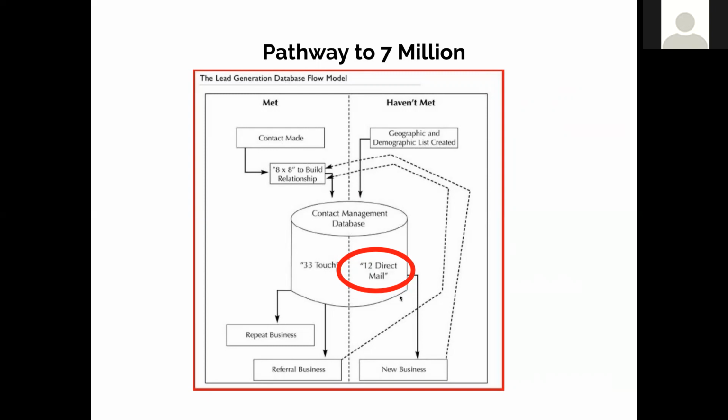The other way to build your database is to work on people that you haven't met yet, right? This is where we get into a direct mail program or a farming program to build your database with people you haven't met yet. So what does the 12 Direct program look like? The 12 Direct program also continues forever, like your 33.